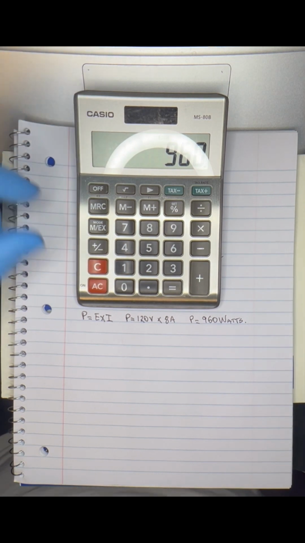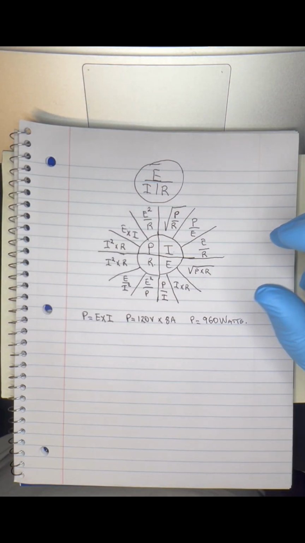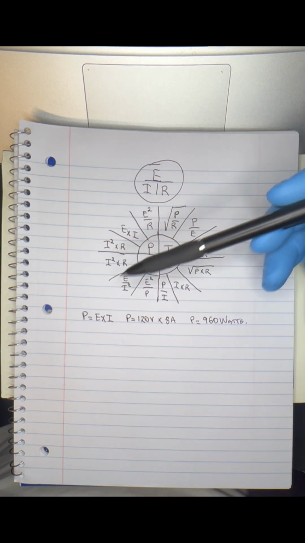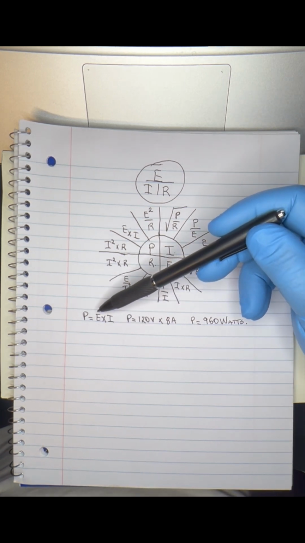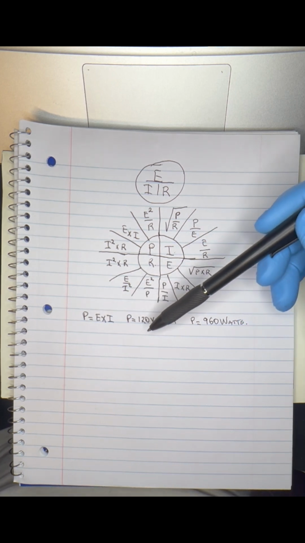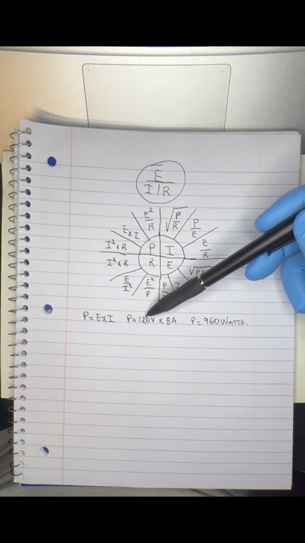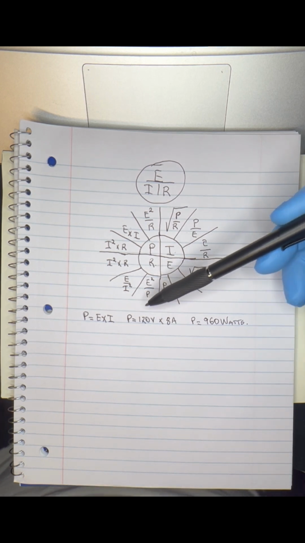So again, we said that P equals E times I. Therefore, P equals just an example, any example.